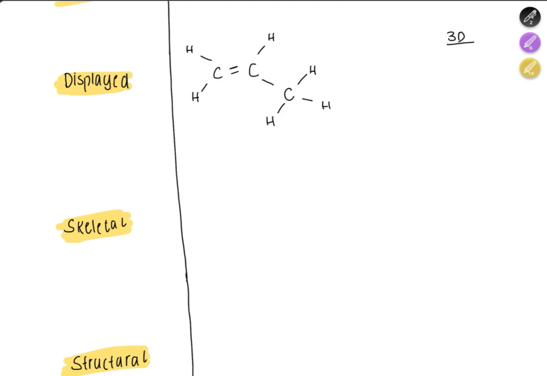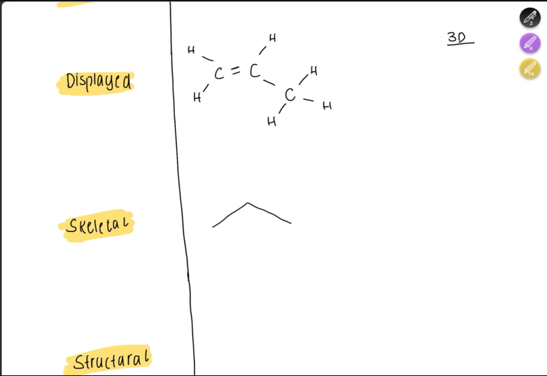Now a simpler version of this displayed formula is skeletal formula. So let's write down the skeletal formula for propene. Basically, you're just supposed to draw the lines. Now here you have 3 carbon atoms, right? So this is carbon 1. This is how you will do it. This represents first carbon, second carbon, and third carbon, like a line like this.